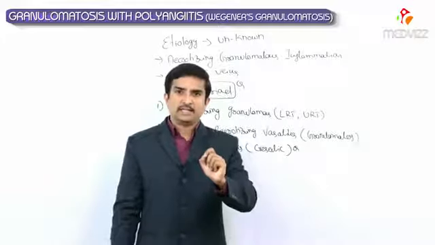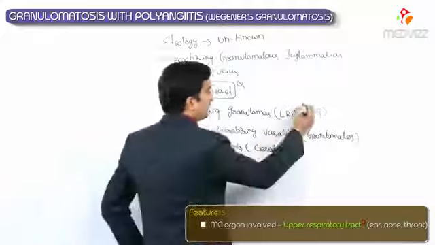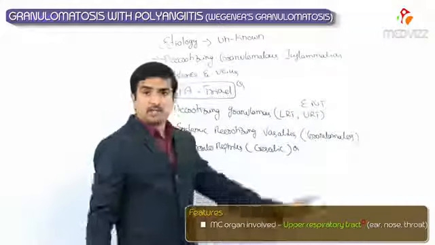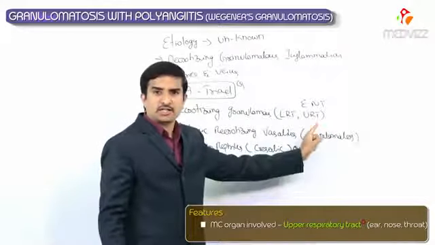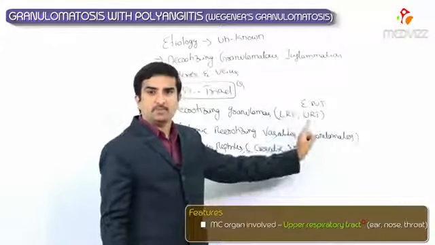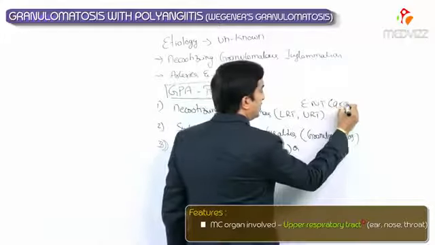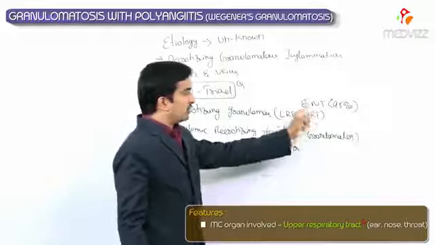The upper respiratory tract involvement, that is ear, nose and throat, is the first and the most common anatomical area to be involved. In 95% of cases of Wegener's, you can see involvement of ear, nose and throat.